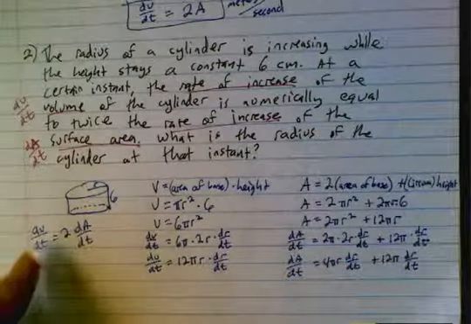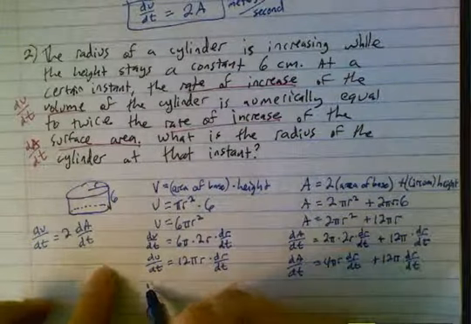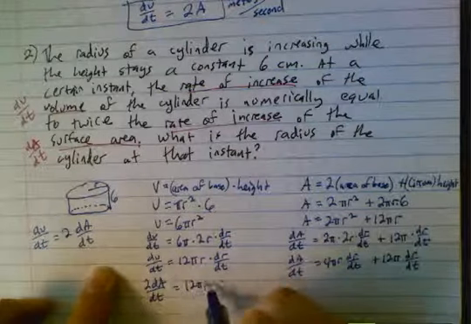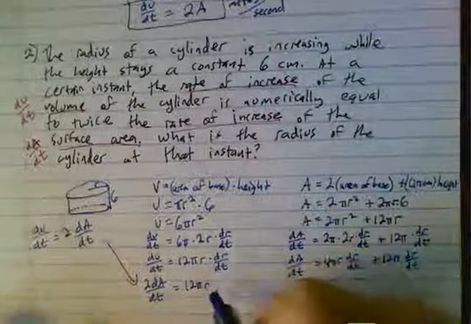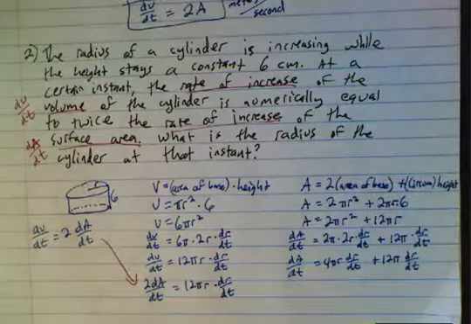So we can at least take that out and sort of plug it in here. 2 dA/dt equals 12 pi r times dr/dt.